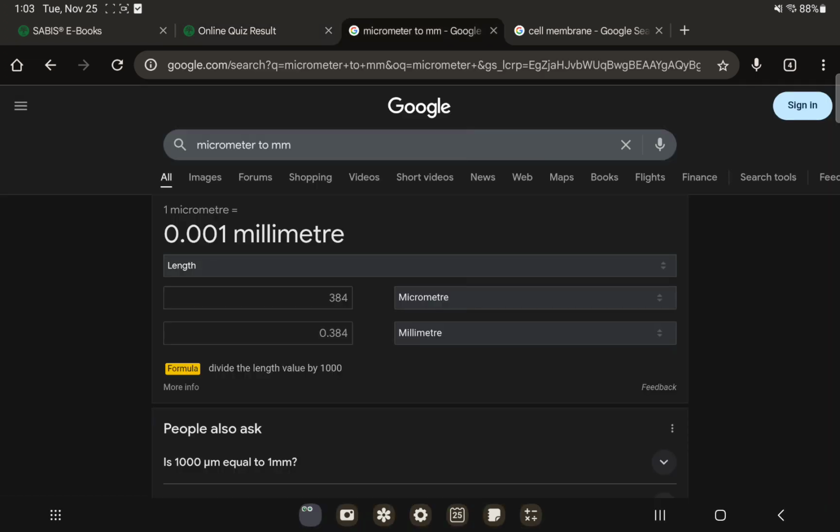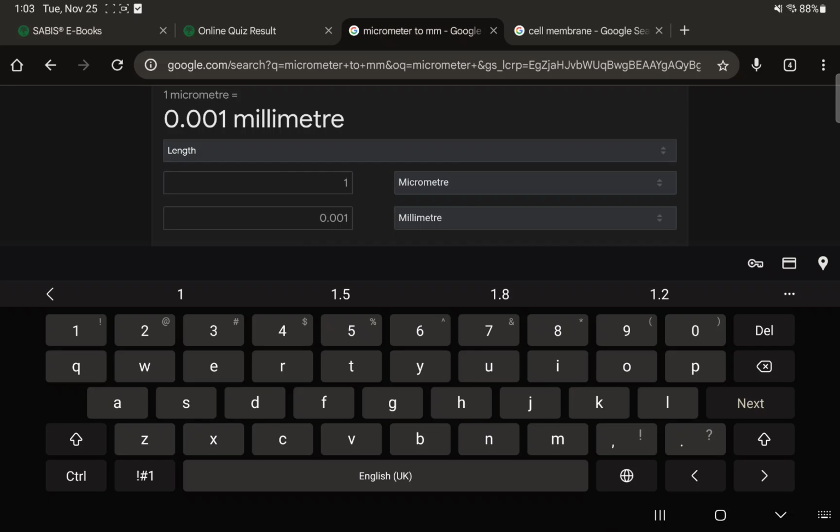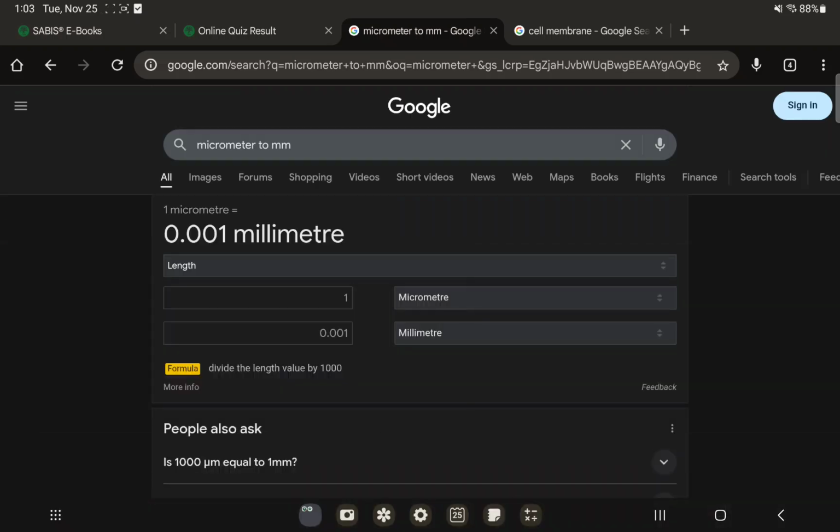So here, 1 micrometer is 0.001 millimeters. So in other words, how many micrometers you have divided by 1000 is equal to the millimeters. So you take the one that's in micrometers and then divide it by 1000 to get the millimeters.